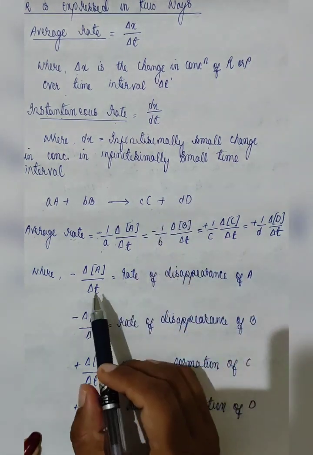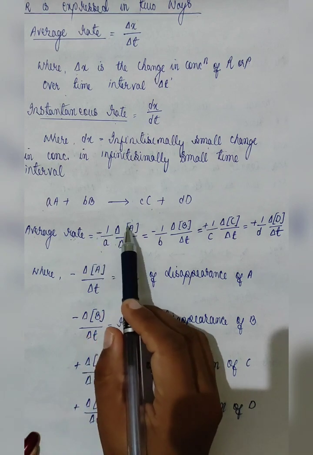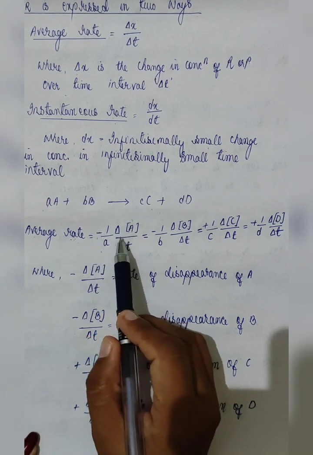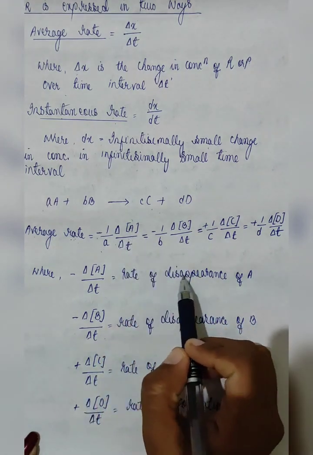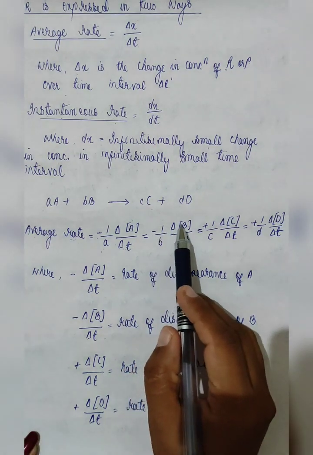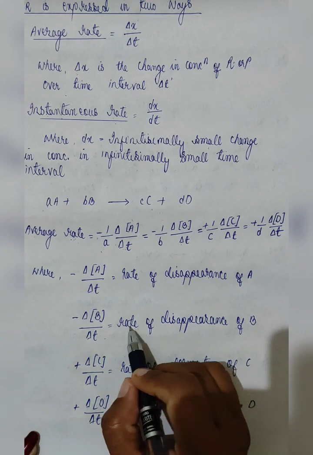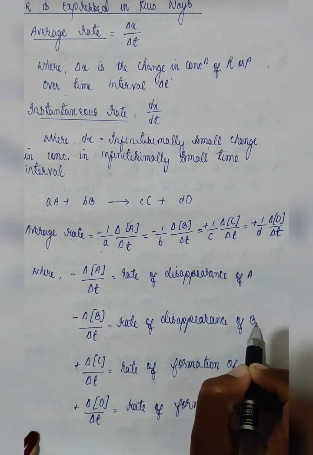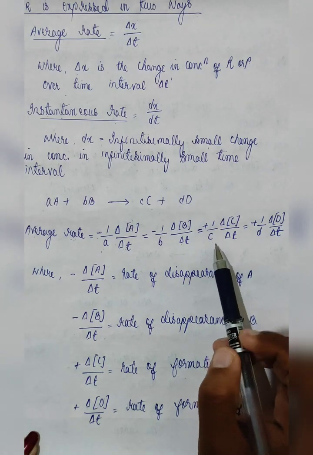So when we write minus del concentration of the reactant A with respect to time, it means it is the rate of disappearance of A. Minus del concentration of the reactant B with respect to time means it is the rate of disappearance of B. When we talk about the product, bond formation is taking place.